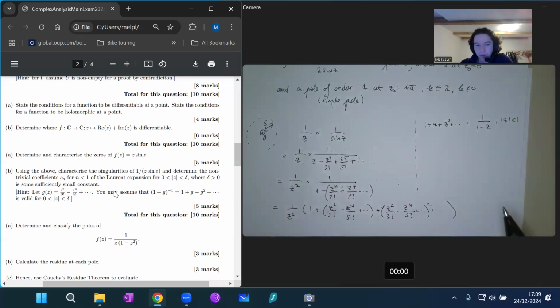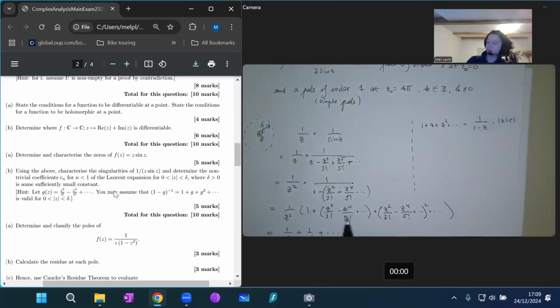So it's not going to affect the coefficients that we're interested in. And for the cubes and so on, it's even worse. It'll only affect the positive powers. So I can just write 1 over z squared plus 1 over 3 factorial plus, and so on. We don't care about the rest, since we'll have z squared and things like that, but we're only interested in those.